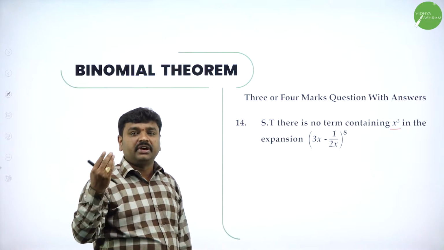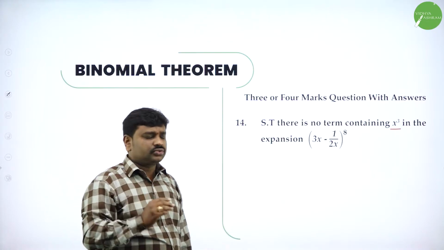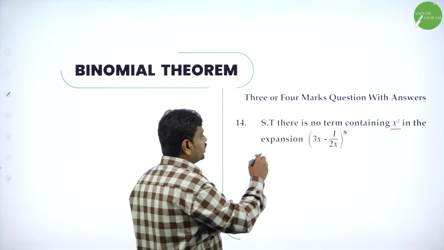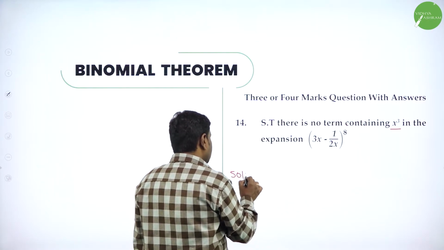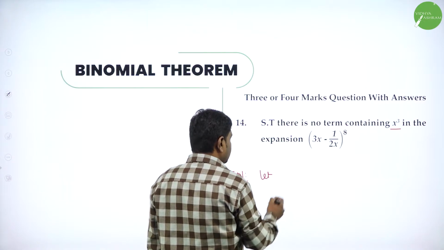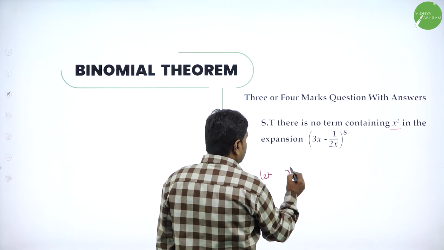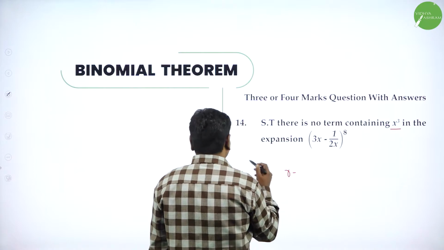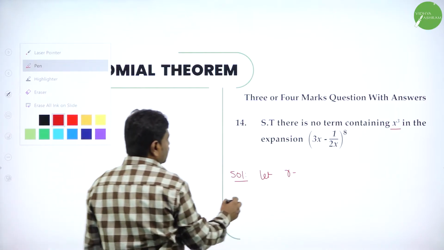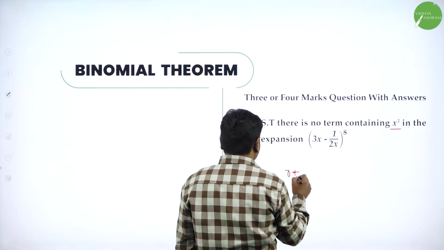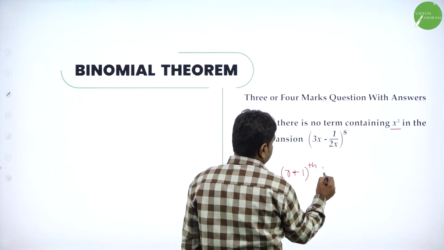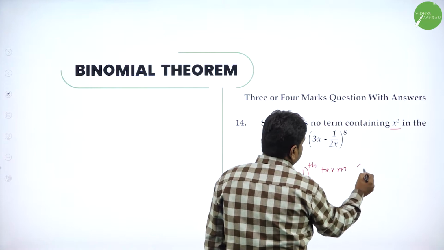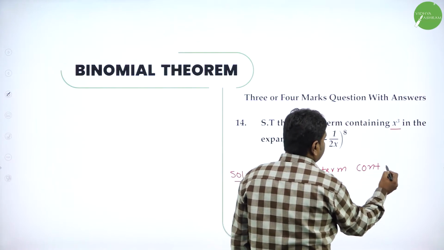We should not get 5 by 2th term or 3 by 2th term. So now solution: let us assume the r plus 1th term contains x cube is our assumption.